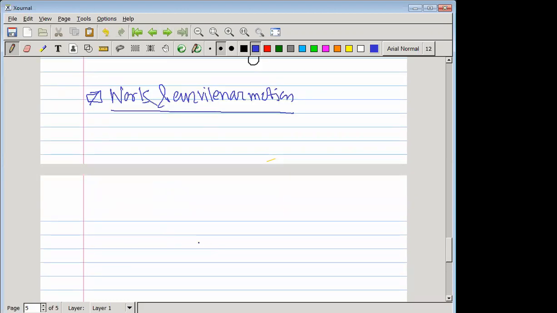In curvilinear motion there should be some curvature, right? Suppose this one is your x coordinate, this one your y coordinate, this one your z coordinate, and the curvature of the path.